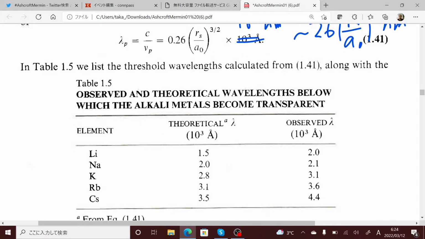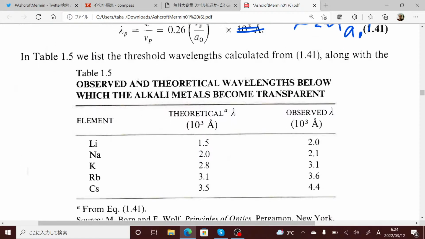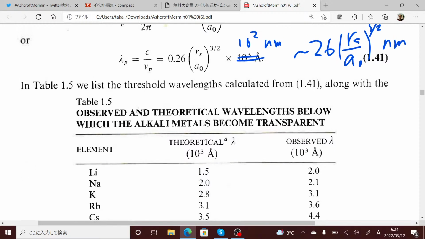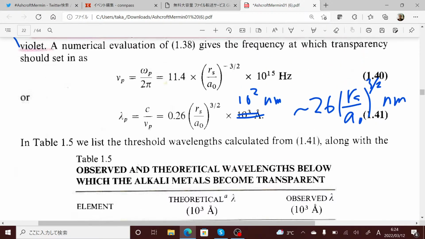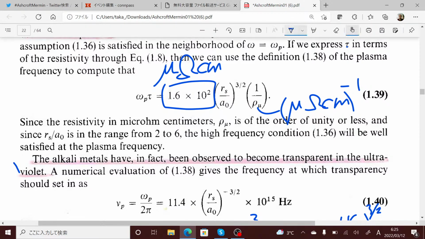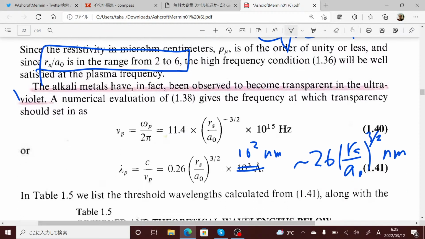Hey, this is very big. Rs divided by a0 is 2 to 6. Because this value is 2 to 6. Anyway.